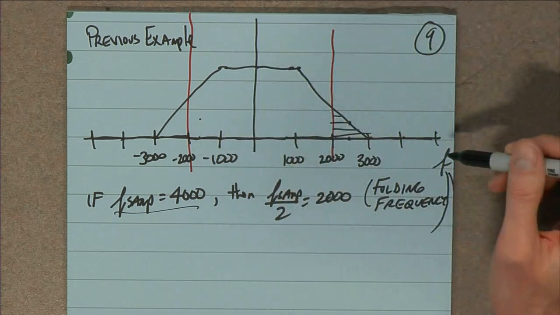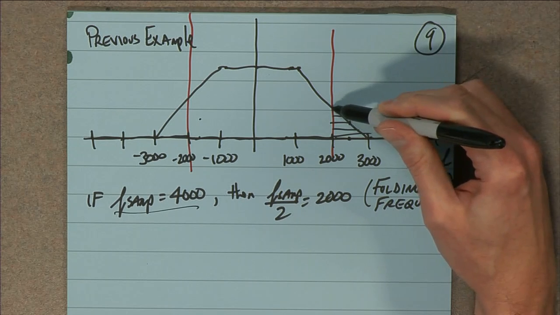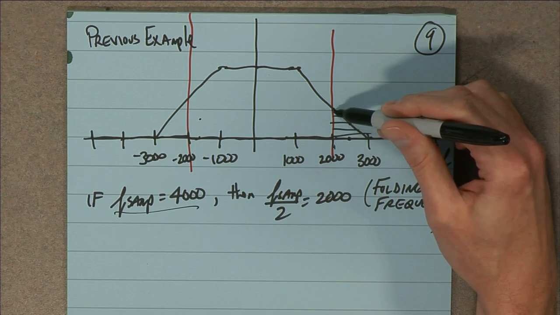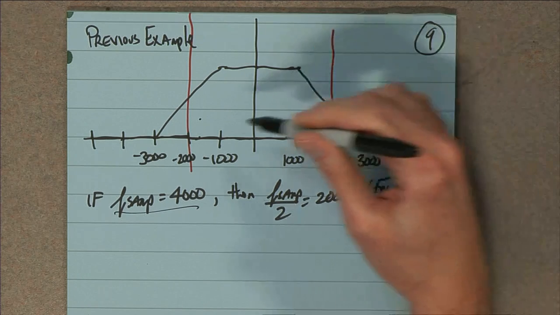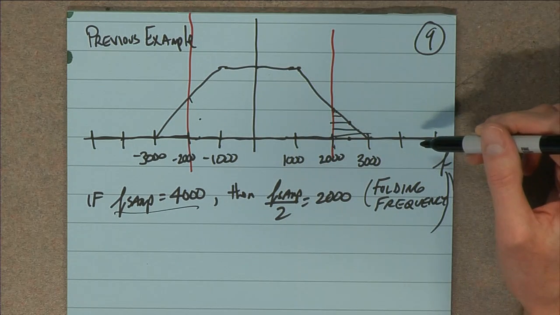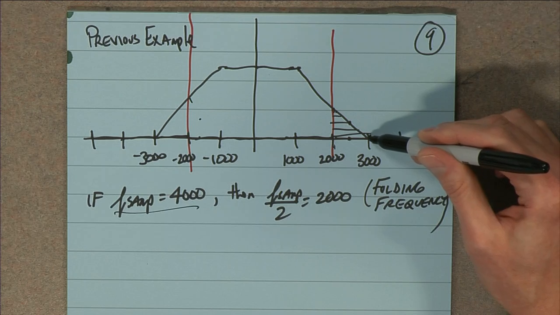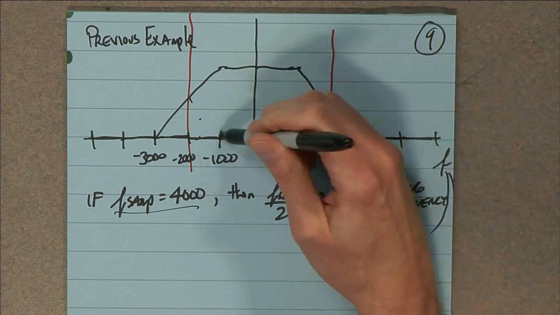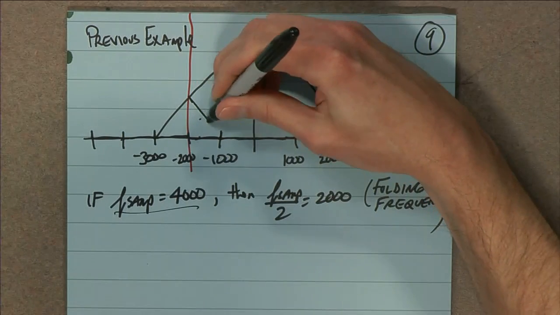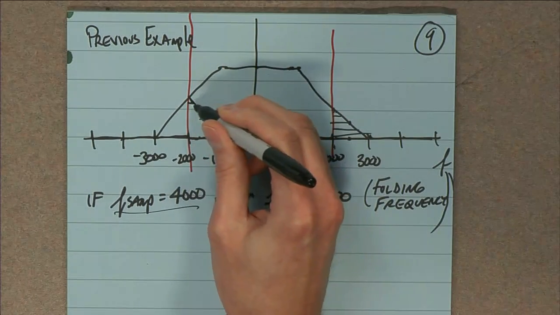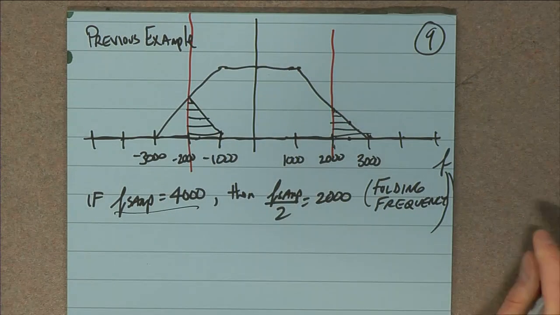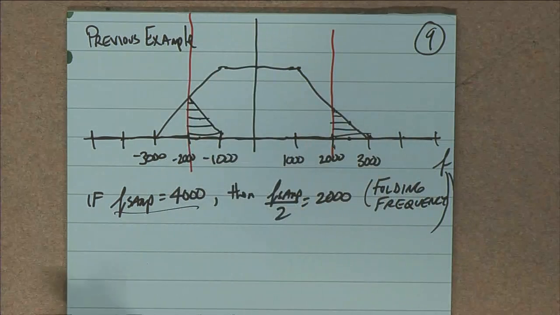So it's over there. What about the top part here? Right past 2000. Well, if I subtract f-samp of 4000, I end up at minus 2000. And of course, you can see where this is going. If I take 3000 and subtract 4000, I'm at minus 1000. So all that bandwidth aliases in right there. In some sense, it folded over and ended up on that side.